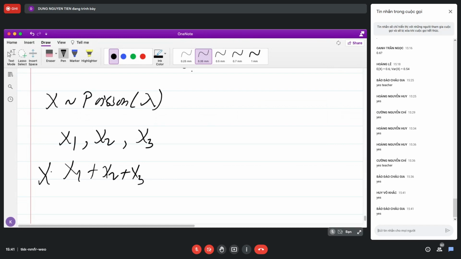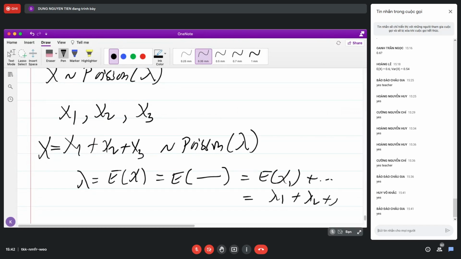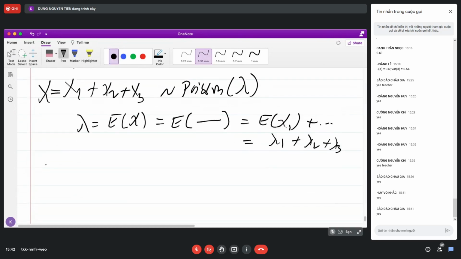That sum also follows a Poisson distribution because it's just the number of cars crossing the street every minute, right? And this lambda is simply the mean value. So lambda is the mean of x, and that is the mean of the sum, and then you get the sum of the means, lambda 1 plus lambda 2 plus lambda 3.